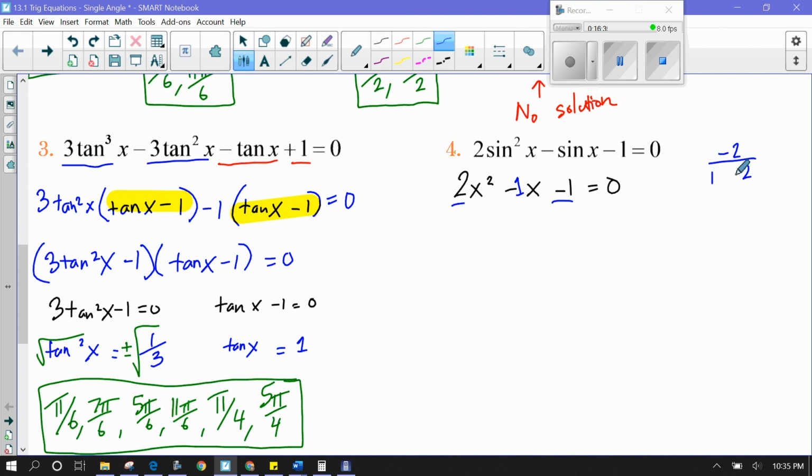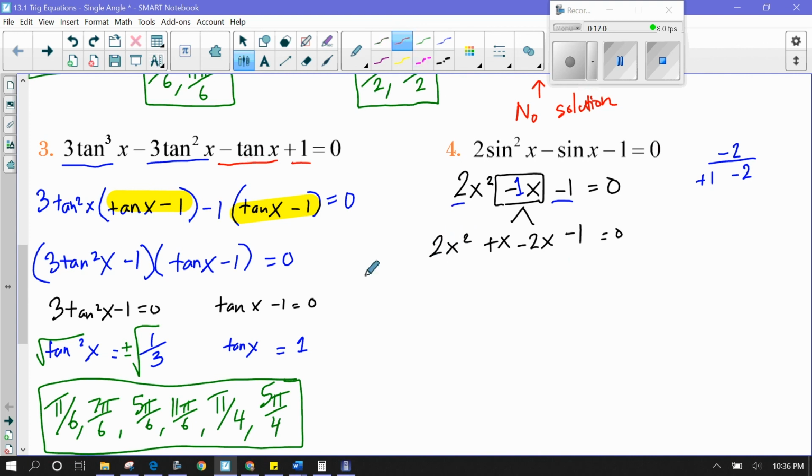So if I make 2 negative and 1 positive, those will multiply to make -2 and add to make -1. So this is the one where I'm replacing this middle term with these two terms that I see here. So I'm replacing it with 1x and -2x, and I'll just keep the first and the last term as they are.